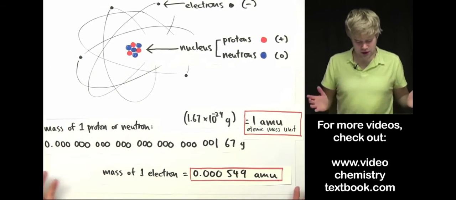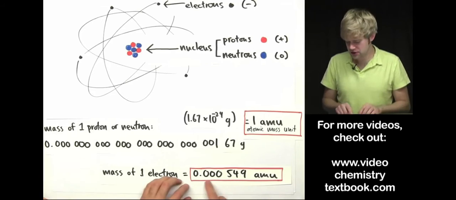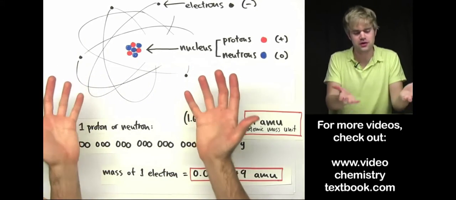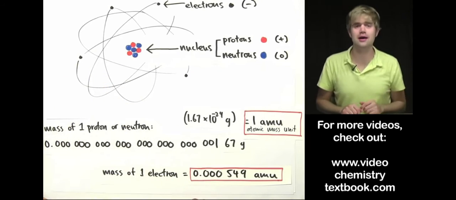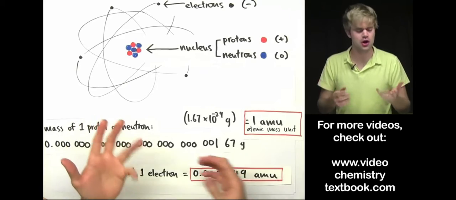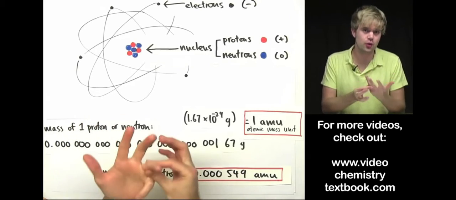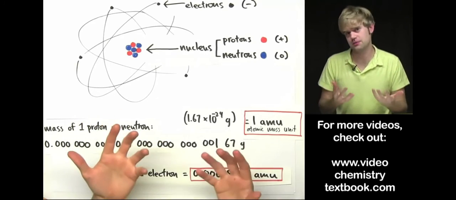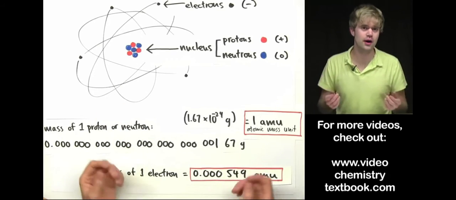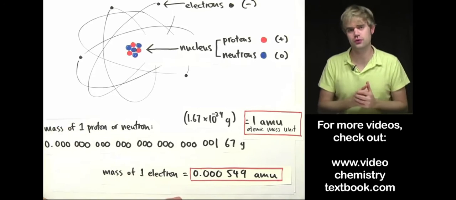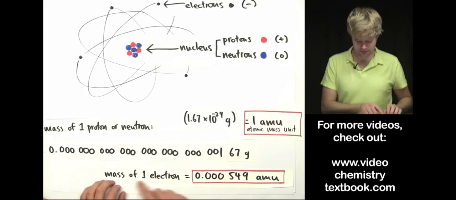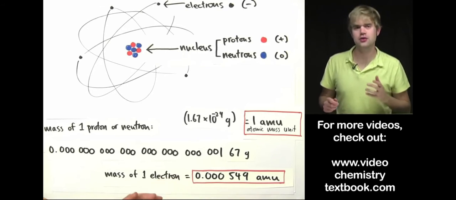And then we usually don't even worry about the electrons at all because they're so tiny. They don't really have much of an influence on how much an atom weighs. It's like when you get on a scale to weigh yourself, you don't worry about the ring you're wearing or whether you're wearing a necklace or something, because those things weigh so little compared to how much you weigh that it doesn't really influence your weight. So protons and neutrons, 1 AMU, and electrons, a tiny fraction of that.